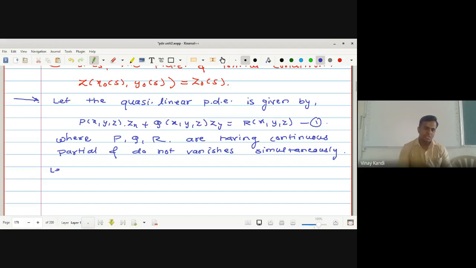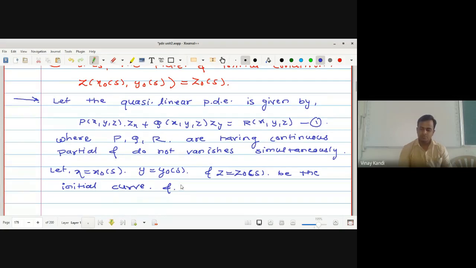Okay, and let the initial condition x is equal to x naught of s, y is equal to y naught of s, and z is equal to z naught of s be the initial curve, and it satisfies this one. z is the function of x naught of s and y naught of s, given by z naught of s. Give it as equation number 2.